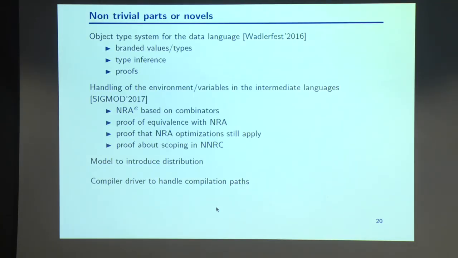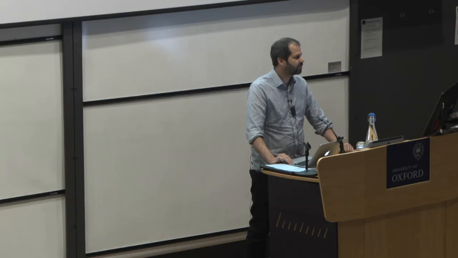There were some parts that were non-trivial, like designing the type system for the language, that makes name sum typing and structural sum typing. Also, all the question of handling the environment.